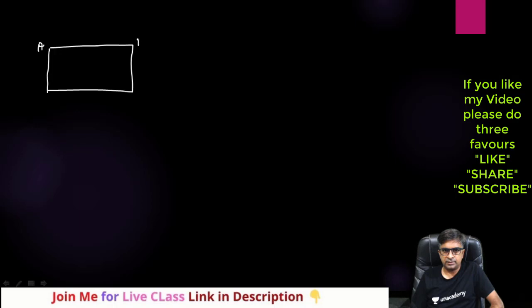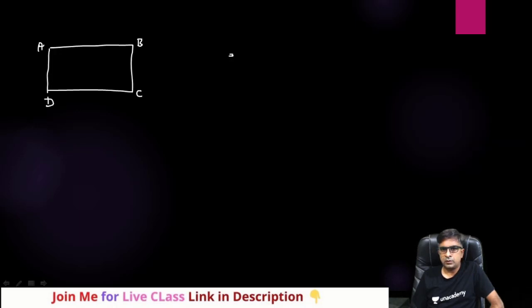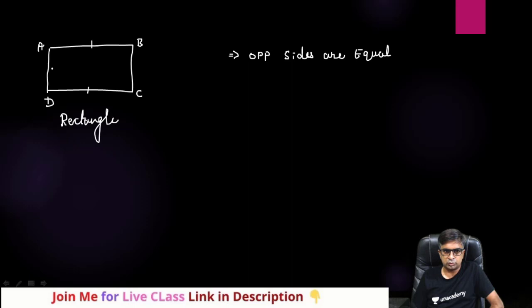Okay, now moving towards the next figure, that is the rectangle. ABCD is a rectangle. Again start with sides. Opposite sides are equal, meaning this equals this and this equals this.